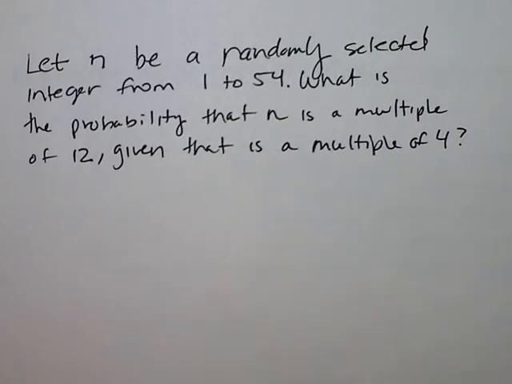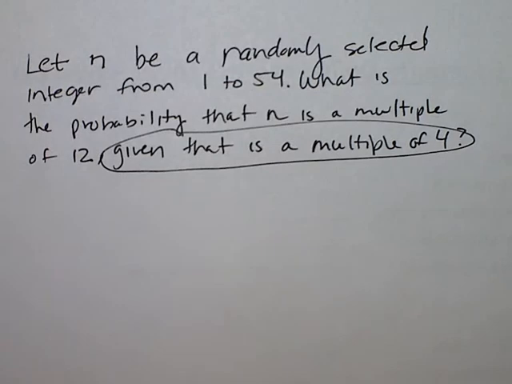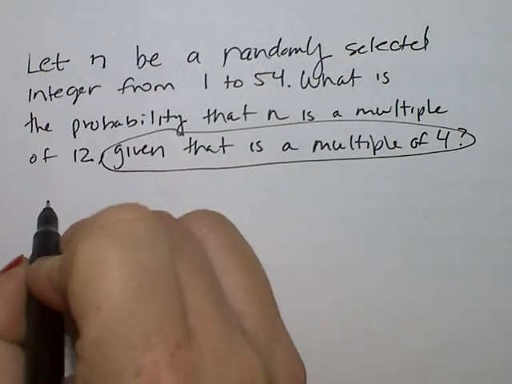I would like you to circle when you're done the given statements. Okay, this is where you have to start. So we're going to start by writing down all the numbers that are multiples of 4 from 1 to 54. Please do that with me. You can go as fast as you want.